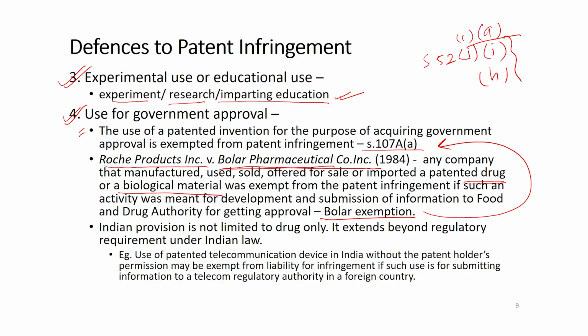And the Indian Bolar exemption is not only limited to drugs. It is for any kind of invention, invention relating to any subject matter. So if I want to manufacture some telecom product and I will have to get the approval of the telecom regulatory authority, I am free to use anybody's invention so as to generate information which I would be submitting to the telecom regulatory authority to get approval.